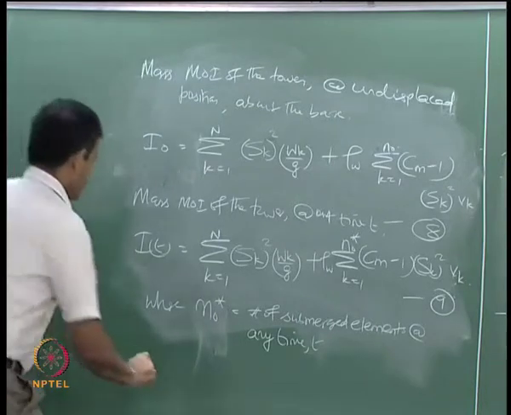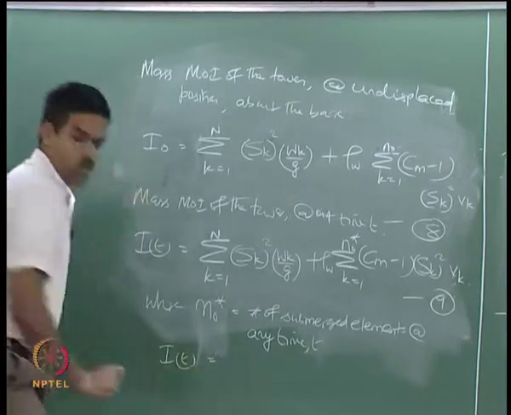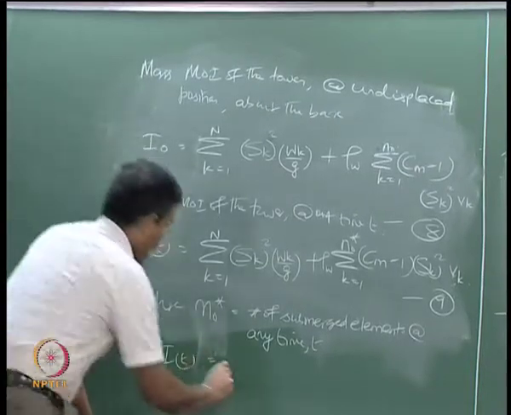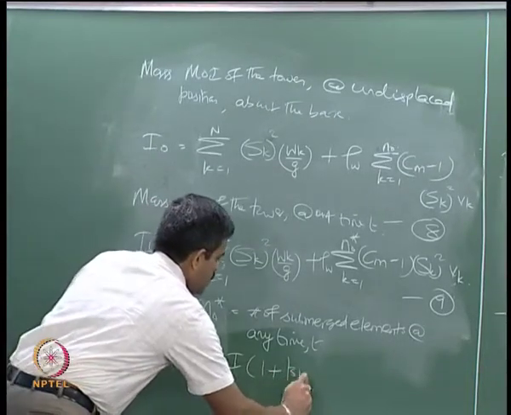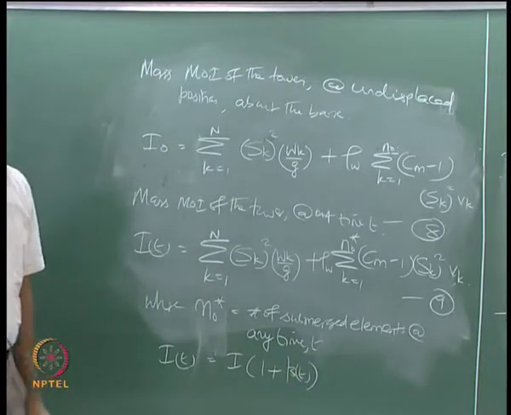And we already know that I_T should be equal to I naught times (1 plus beta), and so on.